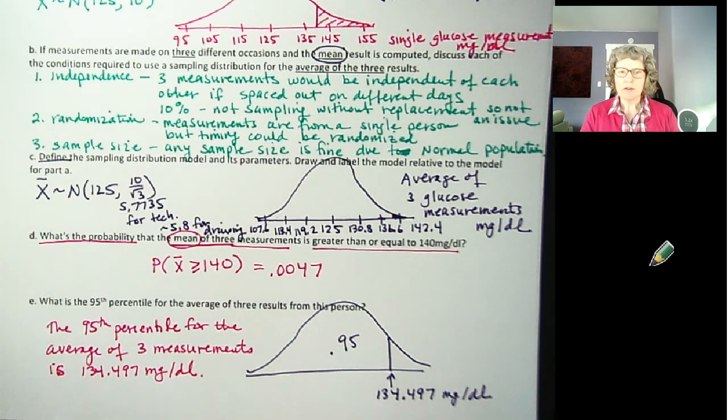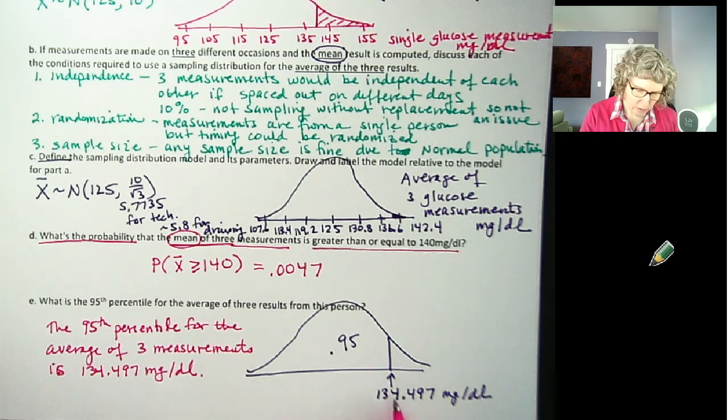Okay, so we might want to know this. Let's say if someone is above the 95th percentile, then we would consider them high risk. We would want to know what that was for them based on their measurements. And in this case, that would be above this level.